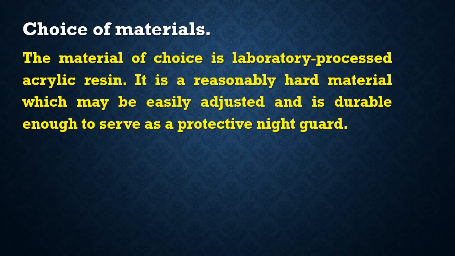Well, the choice of materials for the splint is a matter of controversy, but actually the material of choice is the heat cure or laboratory processed acrylic resin. It is a reasonably hard material which may be easily adjusted, and also it is durable enough to serve as a protective night guard.